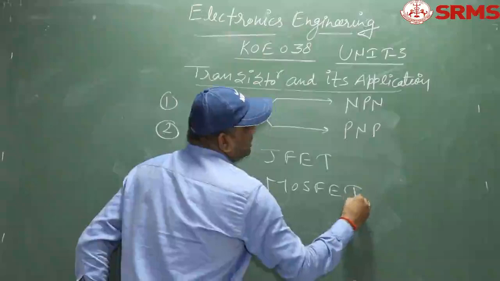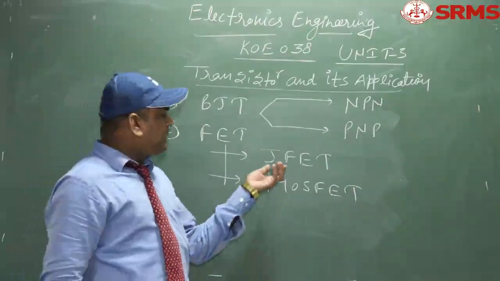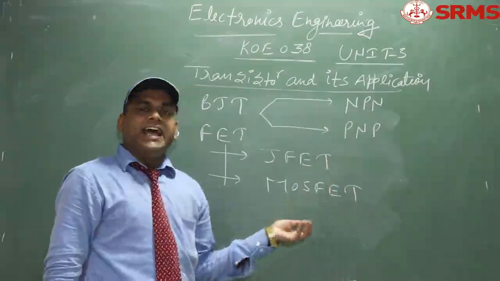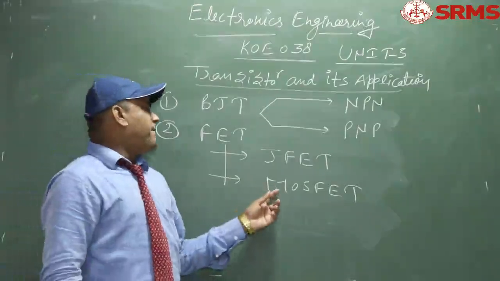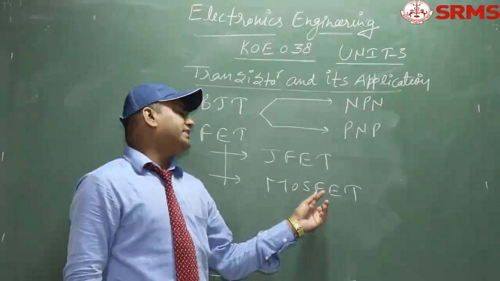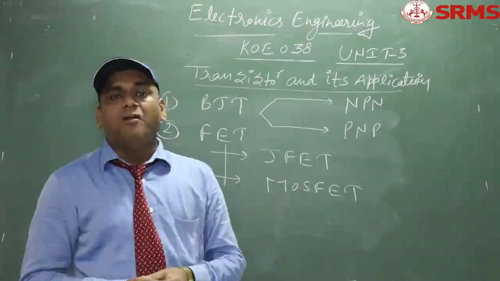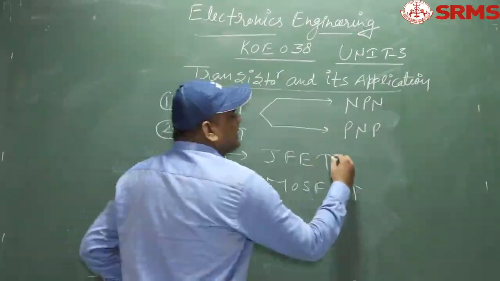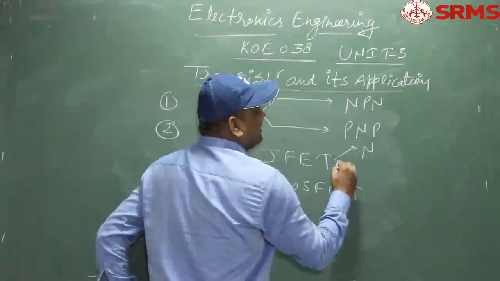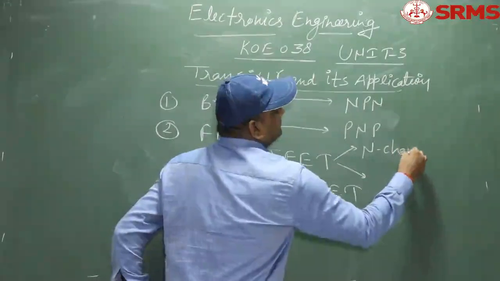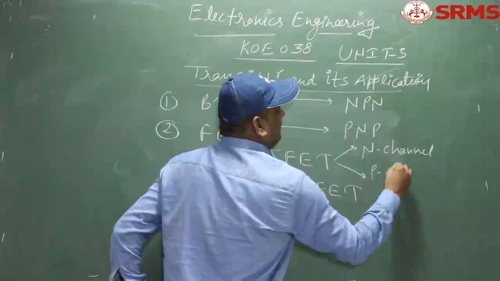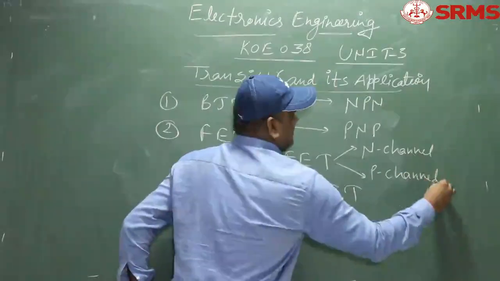If we discuss the FET, we will discuss JFET and MOSFET, where JFET stands for junction field effect transistor and MOSFET stands for metal oxide semiconductor field effect transistor. Depending upon the channel that has been formed, we can further classify the JFET into N channel and P channel.